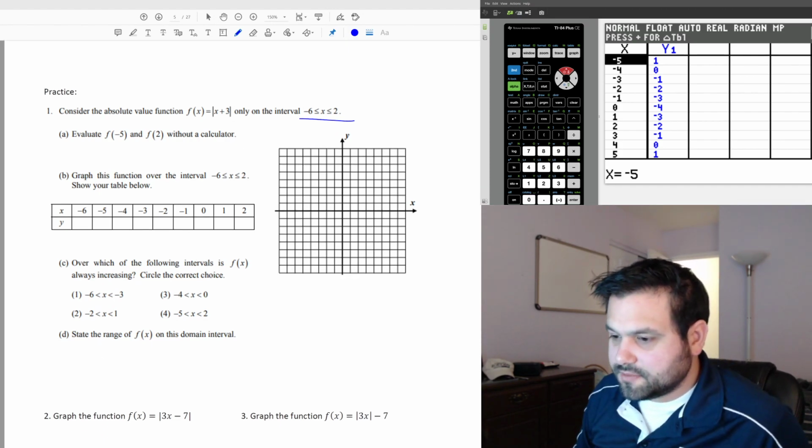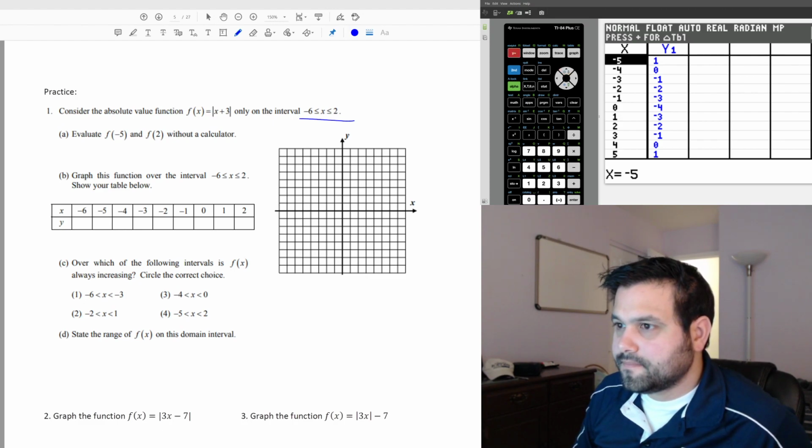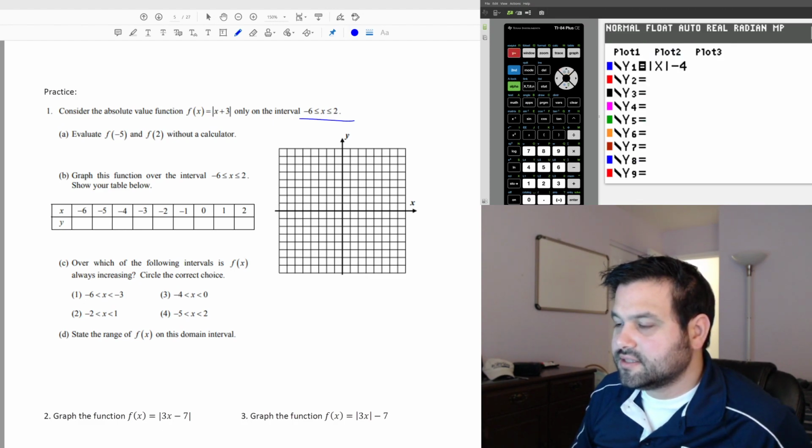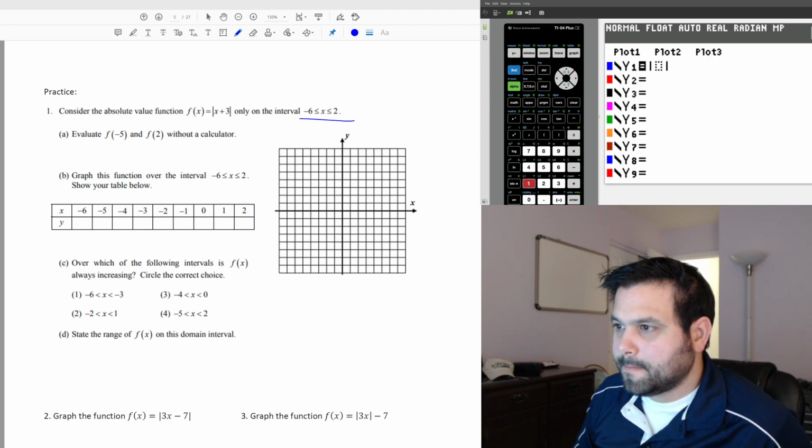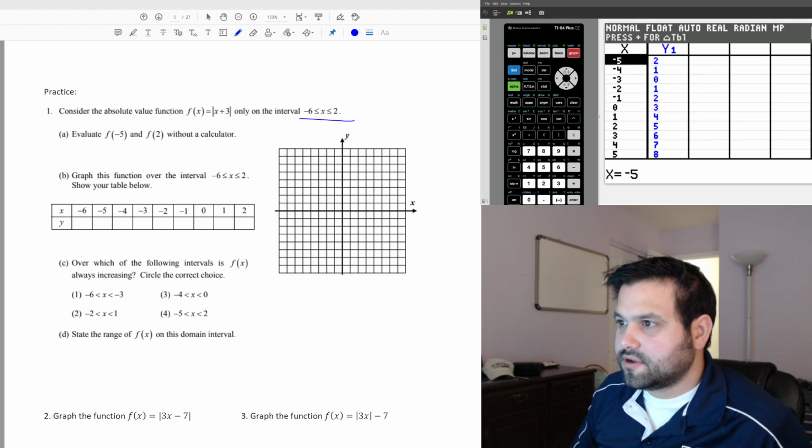So I will go right to my calculator. Y equals, it's the absolute value of x plus 3. And looking at the table, we want to go from -6 to +2.